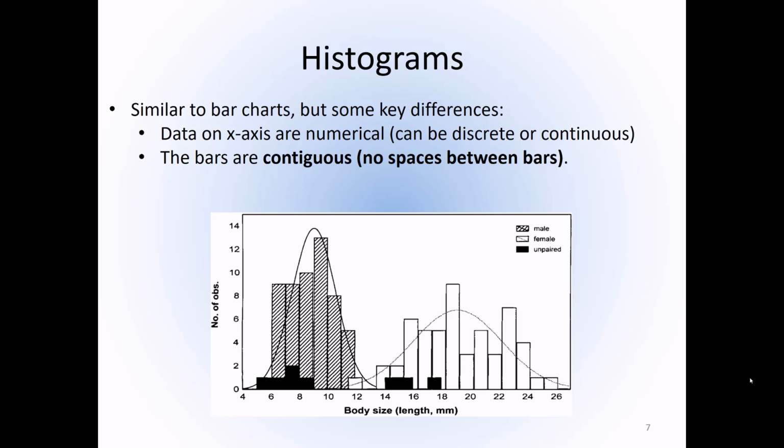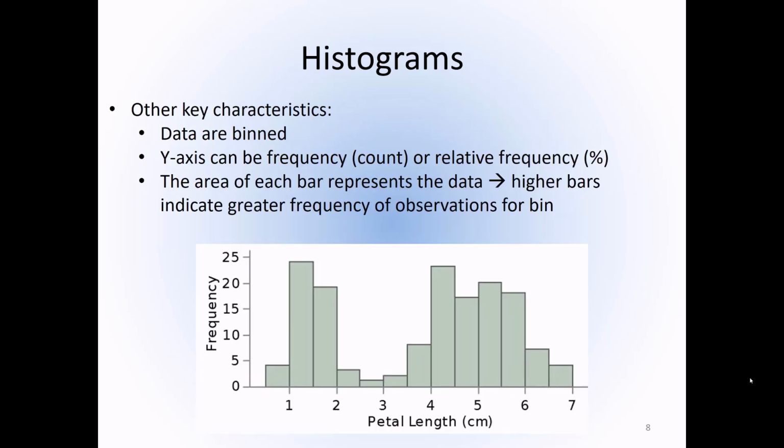Second of which is that the bars don't have spaces between them. And so these are two key differences in how to distinguish between the two. Also, the data are going to be binned in these histograms, and we've learned about how to do this in the first of the three visualizing data lectures.